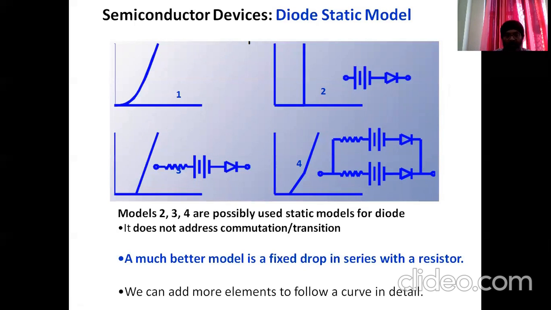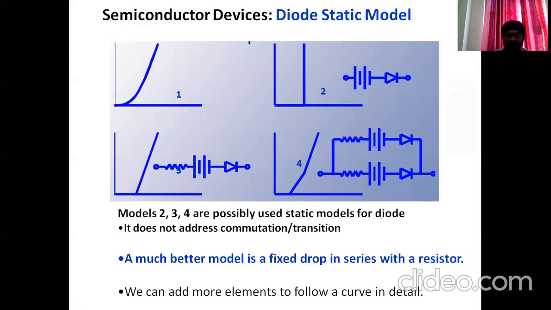Okay, after the current-voltage characteristics of the diode, we should talk about the models of a diode. Physically, the IV characteristics, as we saw in the previous slide, look like this in figure 1.